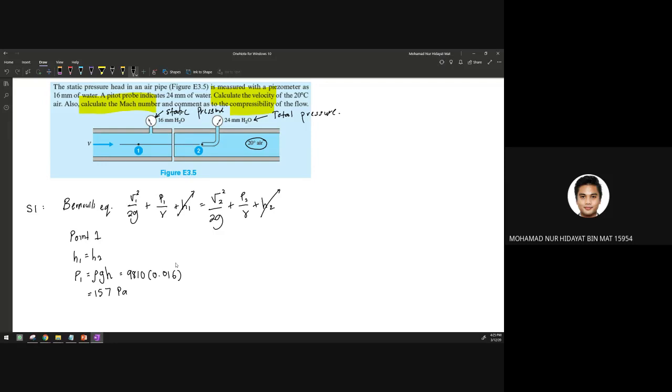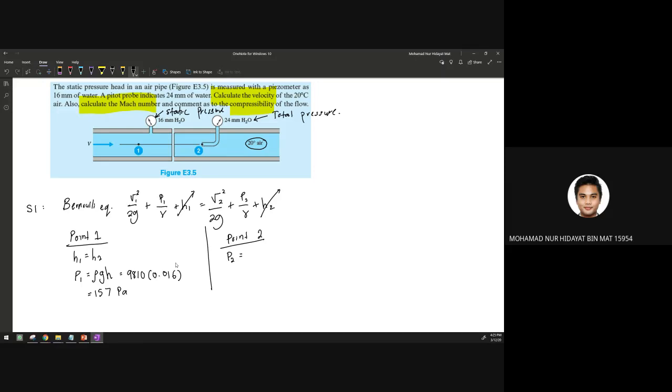So, point number 2. What do you know about point number 2? What is the pressure at point number 2? I mean the static pressure, not the total pressure.